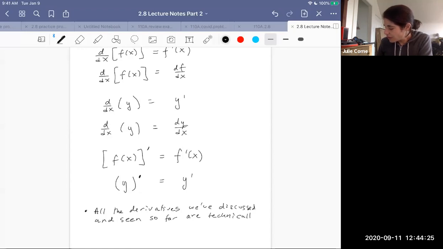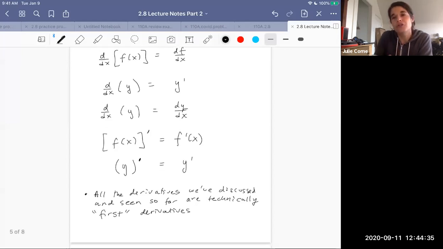When we take a derivative and we don't call it anything other than a derivative, we're talking about taking the first derivative of some function. So if I just say the derivative is this, I mean the first derivative. Just like when we have a square root without the little index, we know that we mean the square root, right? So all of the things we've seen so far are first derivatives.